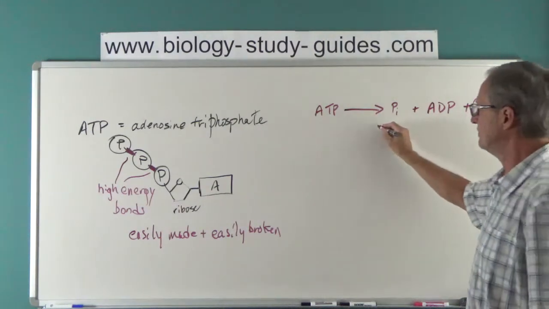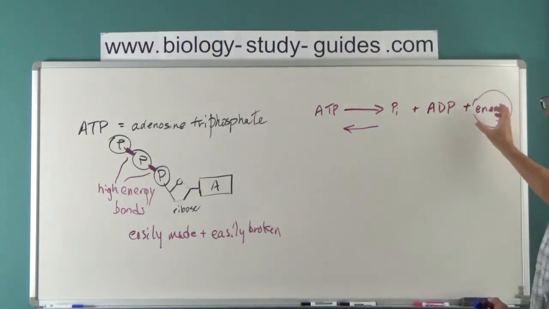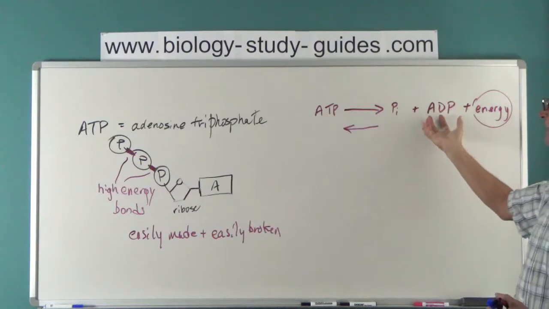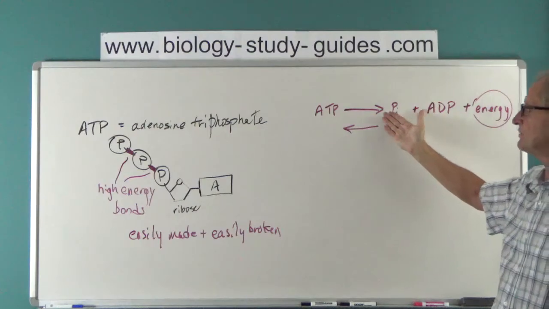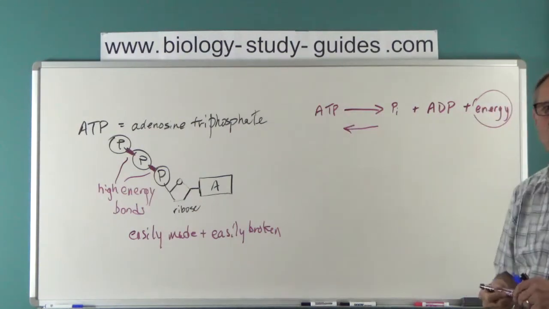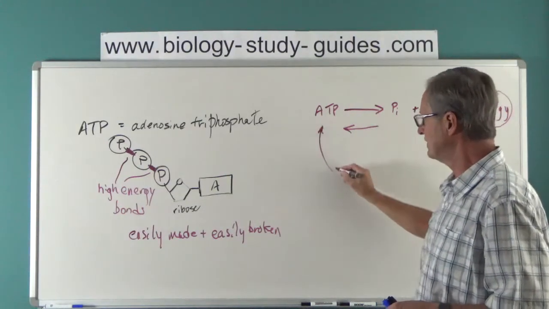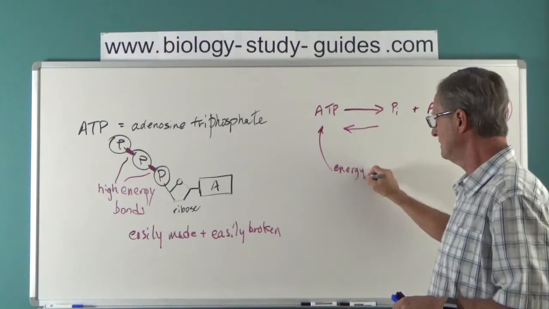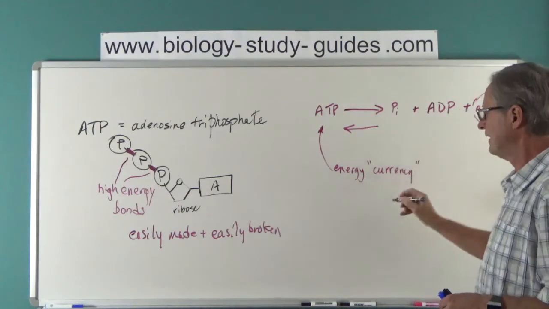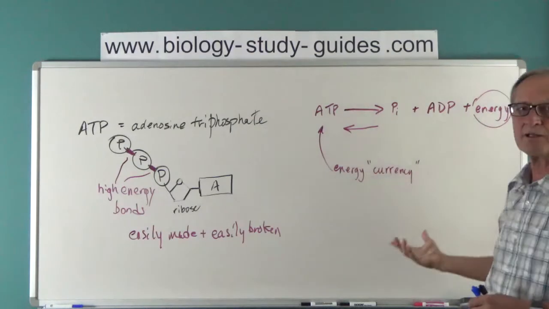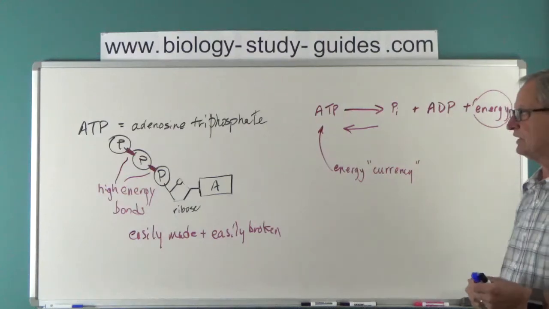Of course, this is reversible. When cells have extra energy, they can take that energy, the ADP that's been hanging around in the cell waiting for the energy, and combine it back with the phosphate to make ATP, which is the energy storage molecule. So this is a reversible reaction. Sometimes we call it the energy currency in cells, because when cells need energy, they spend it. When they have extra energy, they save it. So it's the energy currency in cells.